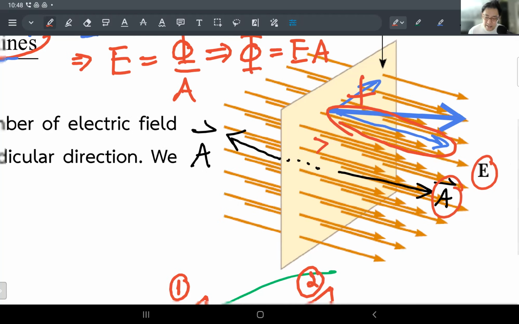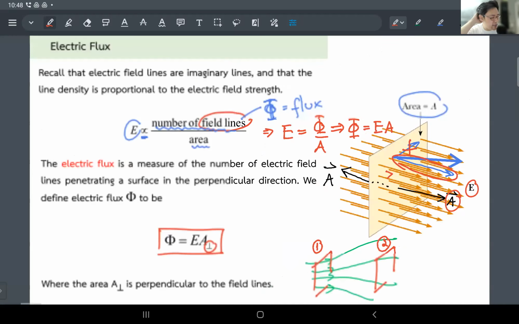All right, I would say this is a concept that takes a little bit of time to digest. I spent the whole lecture just talking about the definition of flux and how to calculate it. You will have a clearer understanding of what the flux is trying to represent and what the A vector is trying to represent.